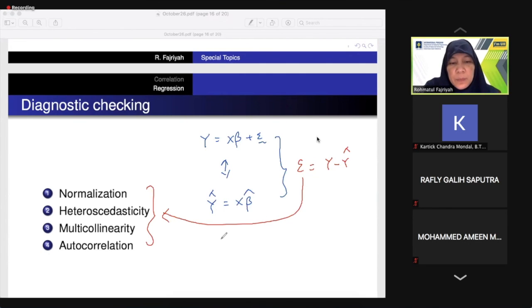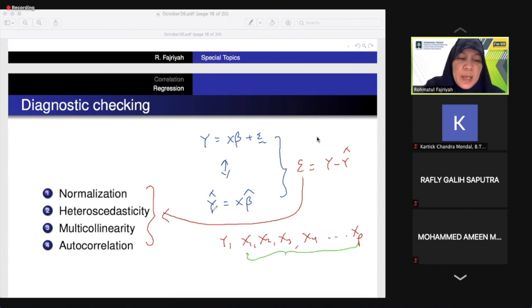Why? Because if there is more than one, you will have y, x1, x2, x3, x4, and so on, maybe until xp. Because there are a lot of x, it is possible that there is collinearity between them. The collinearity may be the correlation between x1 and x2, x1 and x3, and so on. That's why we call it multicollinearity.